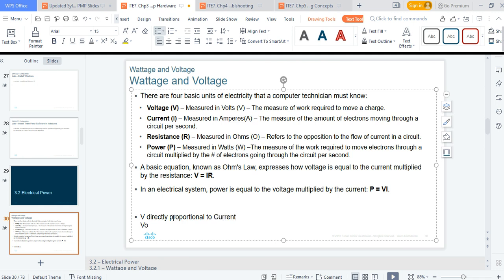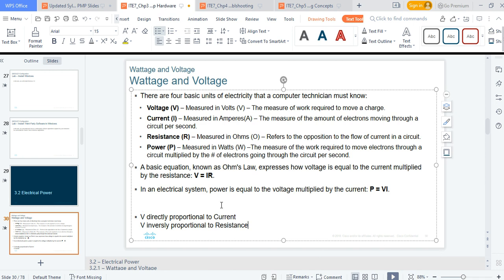I also say current is inversely proportional to resistance. So V is directly proportional to I, and inversely proportional to R, that is 1 over R.